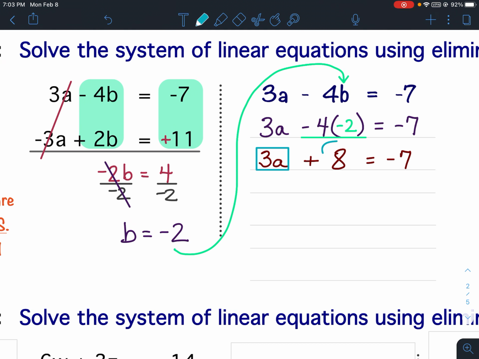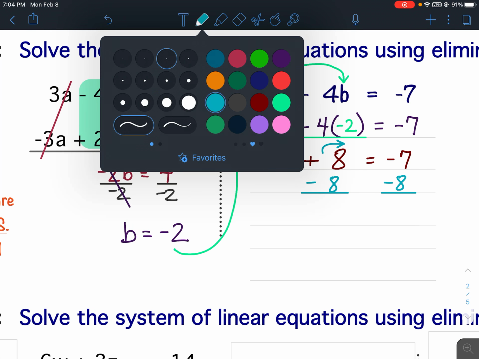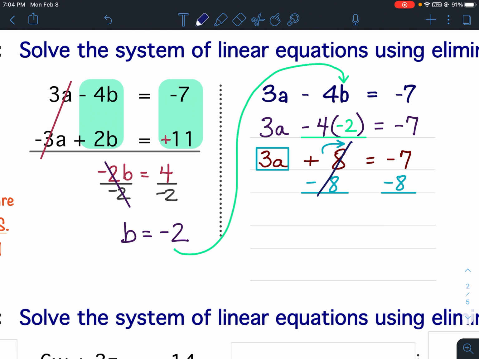The 3a is going to stay on the left, and we need to take the constant term to the right. So the inverse operation would be to subtract 8 from both sides. So the 8's would cancel, bring down the 3a.